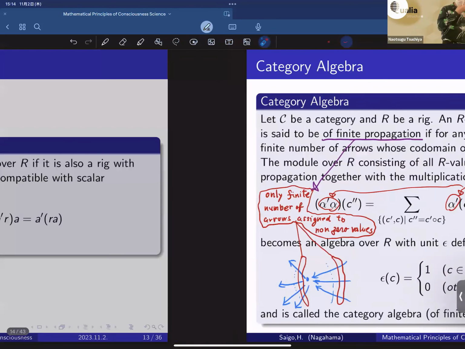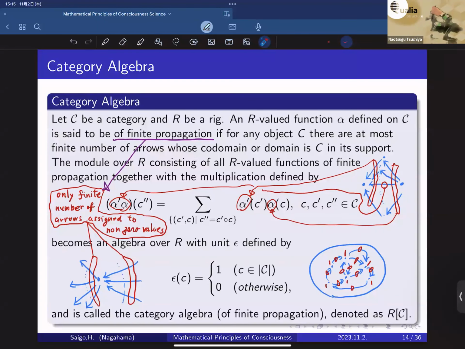So the category algebra is defined as follows, and I think some mathematicians are interested in the very technical point. You can define these kind of products, and interestingly, it has a multiplicative unit, which is, for object or identity arrows, you assign weight 1.